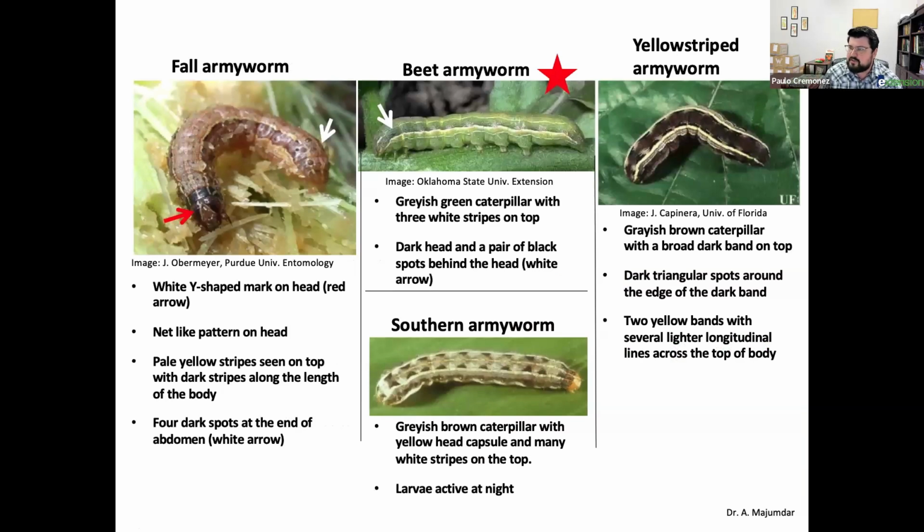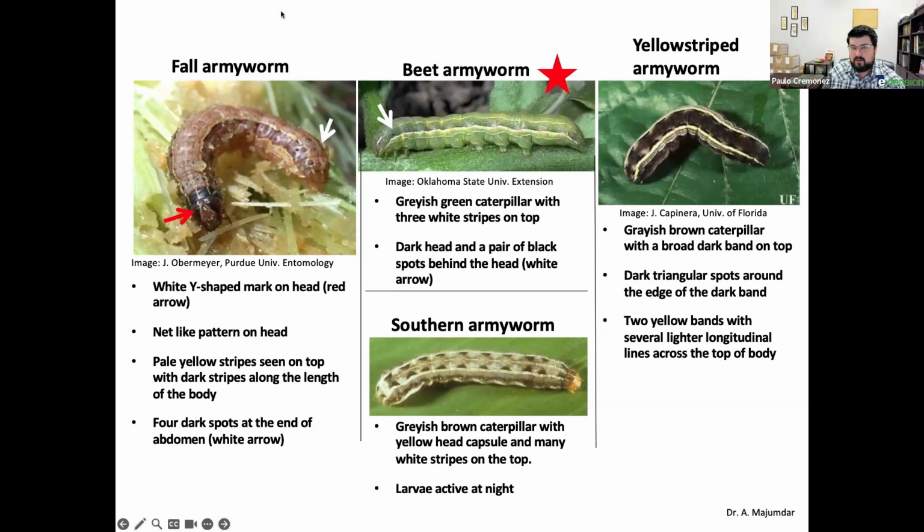Some identifications, a chart here provided by the material of Dr. Ayanava, just to get a glimpse of identification. Please feel free to print the slide or contact me later. This is very important because if you identify that you have a potentially problematic caterpillar in terms of insecticide control, like the beet armyworm, then you may reevaluate the chemical product that you're selecting.